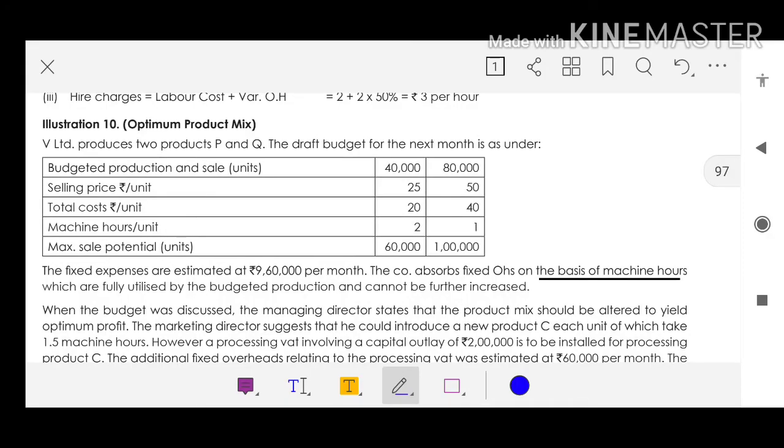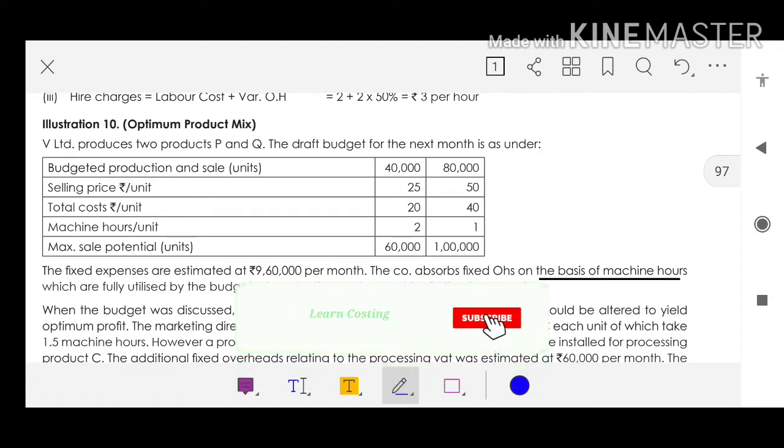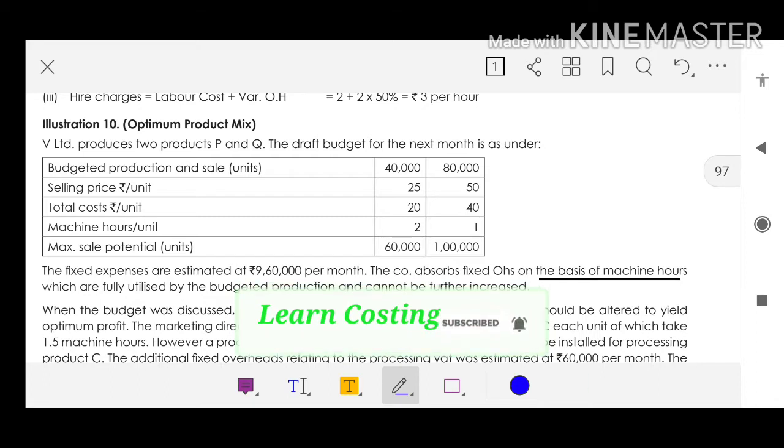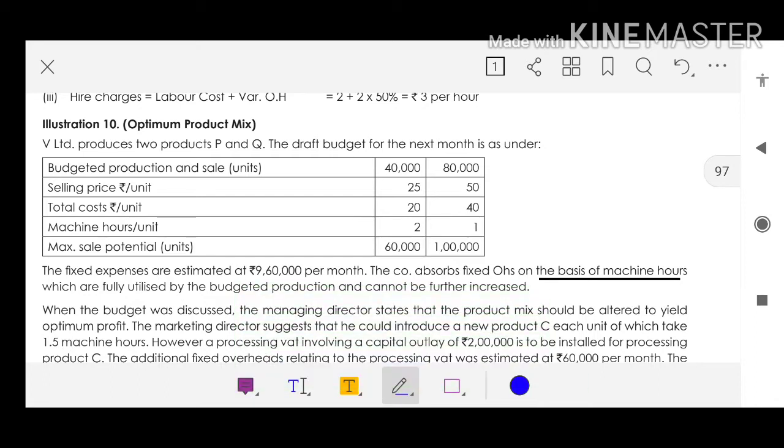Illustration 10. B Limited produces two products P and Q. They have given a budgeted production and selling price, total cost, machine hours per unit and maximum selling units. The fixed cost is estimated at 9,60,000 per month, and the company absorbs fixed overheads on the basis of machine hours which are fully utilized by the budgeted production.